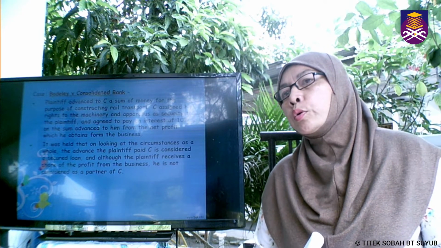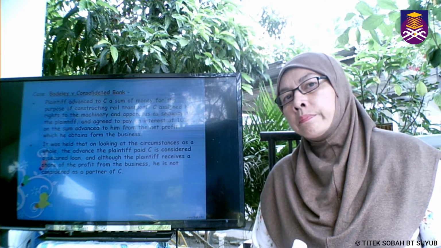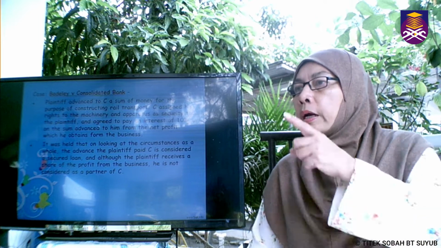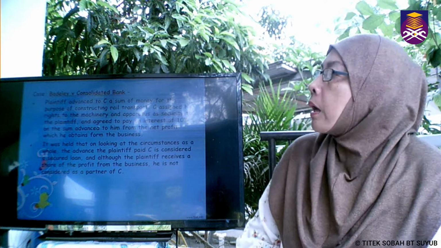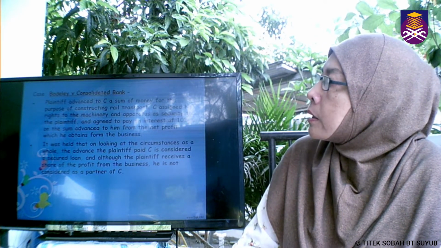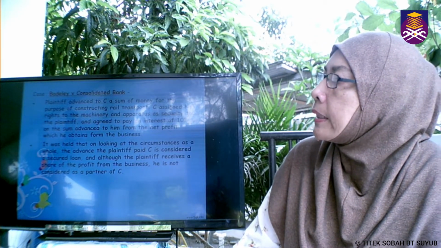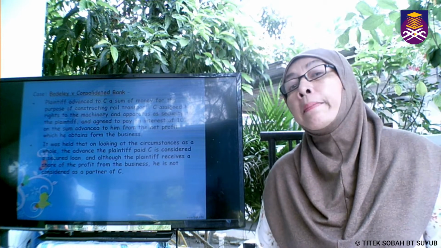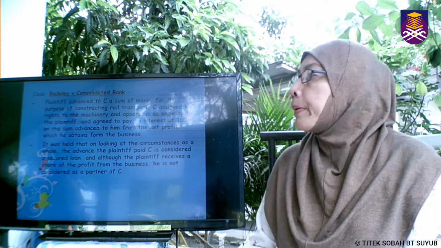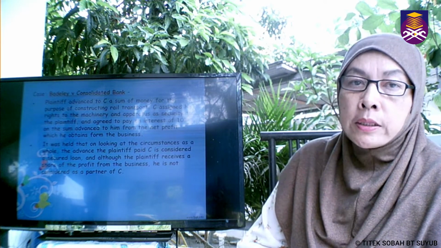So they wanted to build a railway. That's what Malaysia is doing with regard to ERCL. Okay, so they wanted to construct this rail transport. So what did he do? What he did is that he assigned some sort of mortgage, some sort of charge. He assigned all the machinery, all the apparatus as security for the said loans.